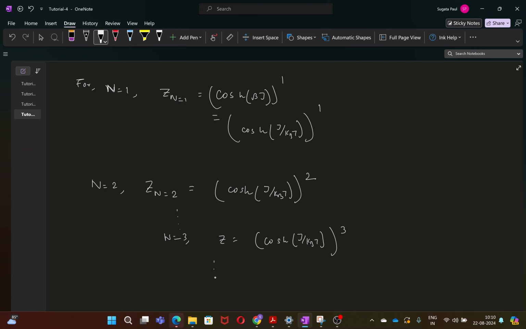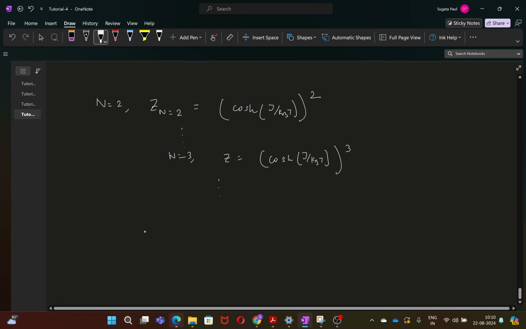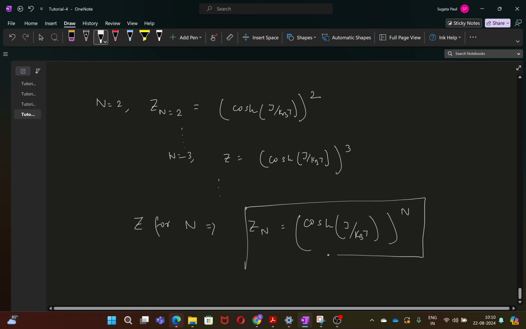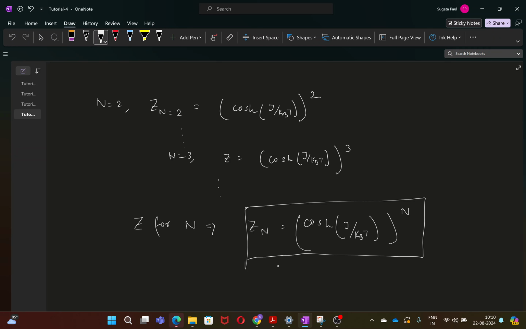If you just continue, by the process of mathematical induction you will automatically get the idea that the partition function for general n number of spins will simply be z suffix n equal to cos hyperbolic j by kbt to the power of n. So corresponding to how many particles or spins there are, that value will be the power of the cos hyperbolic function in the partition function expression. So this is our answer.